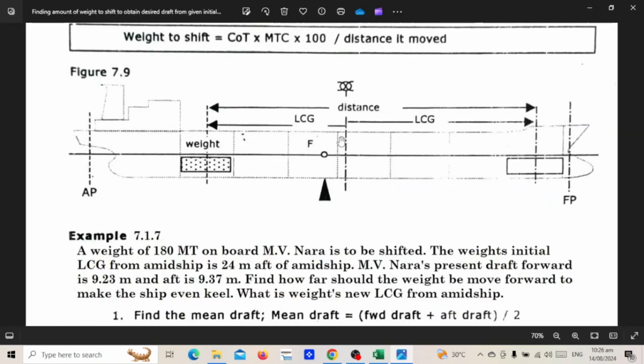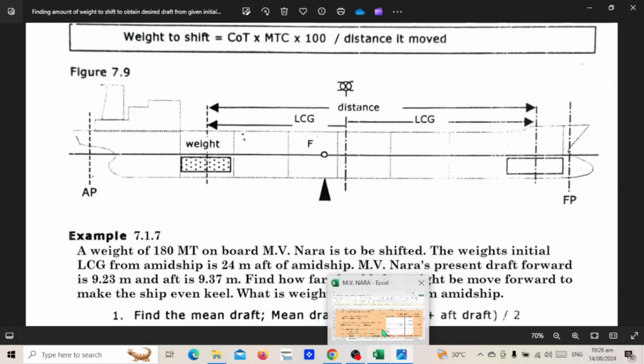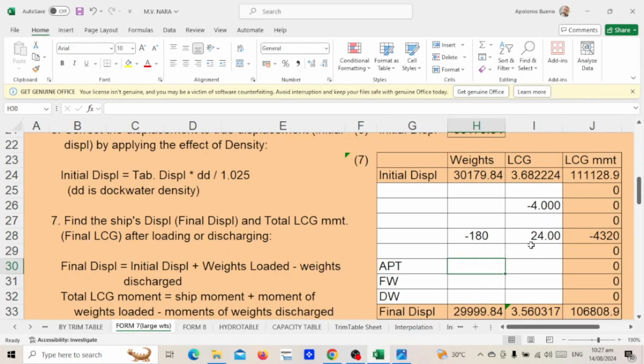From amidship going backward to the center of the weight, this will be your LCG of 24 meters. That's why you have a positive sign of LCG, meaning you are aft of the amidship.